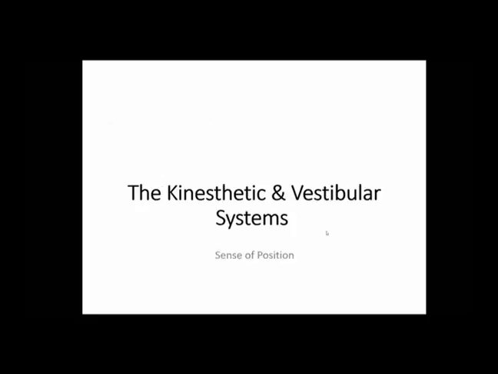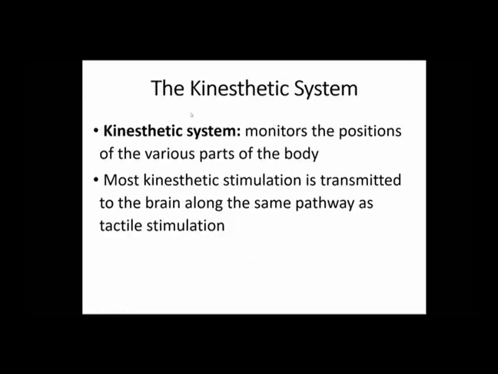So for our next set of systems, we're actually going to look at two together, and these are going to be our body positions. So we have our kinesthetic and vestibular systems, and they're going to give us a sense of where our body is, what's our position, what's our orientation. So for the kinesthetic system, this is specifically monitoring the position of various parts of the body.